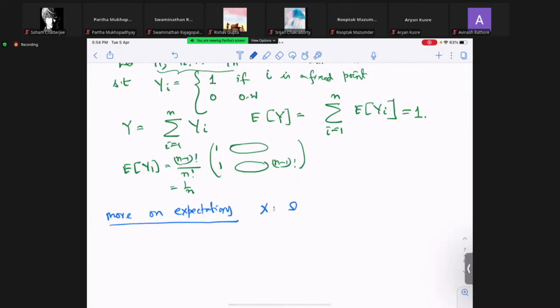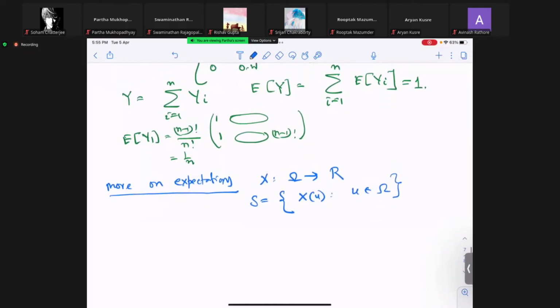Again, x is a random variable, and my range is this set, the set of values that the random variable takes. And let j be the maximum value in this set.